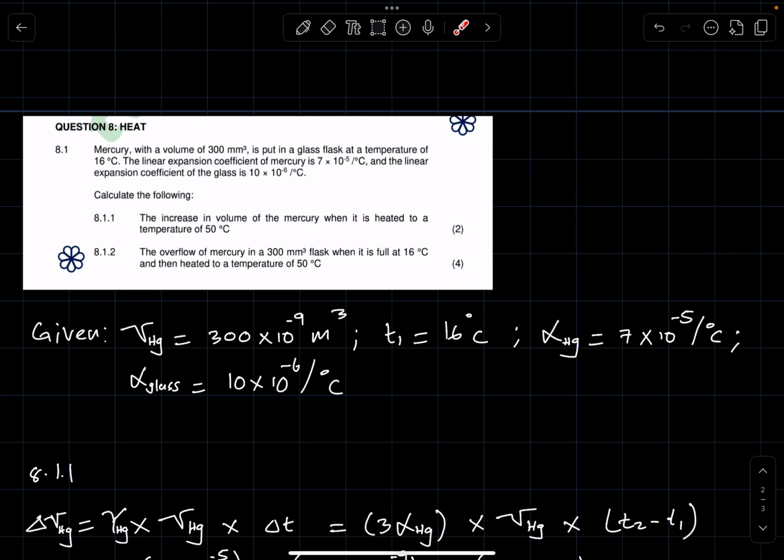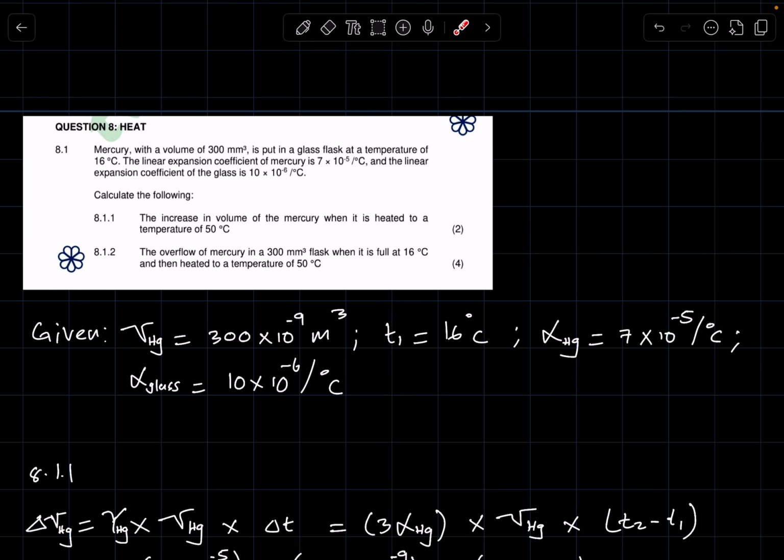Right, now let us look at 8.1.2. Calculate the overflow of mercury in a 300 cubic millimeter flask when it is full at 16 degrees and then heated to a temperature of 50 degrees. Now notice how they didn't give us the assumption that the heat energy does not influence the glass flask.